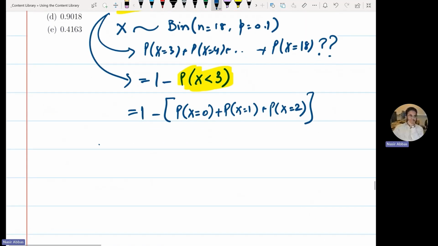What is the probability that x is 0? 18 combination 0, 0.1 to the power 0, 0.9 to the power 18, sorry.